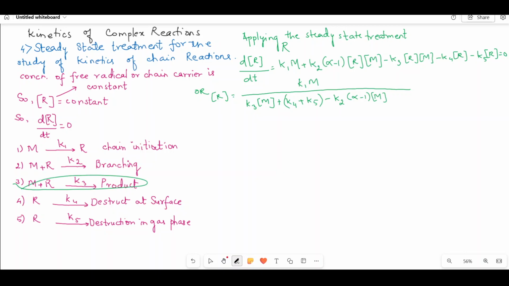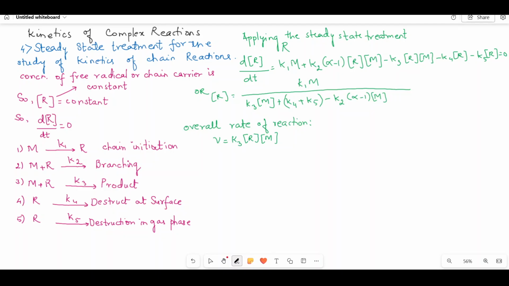This step will give us the overall rate of reaction, that is V is equal to K3 Rm.